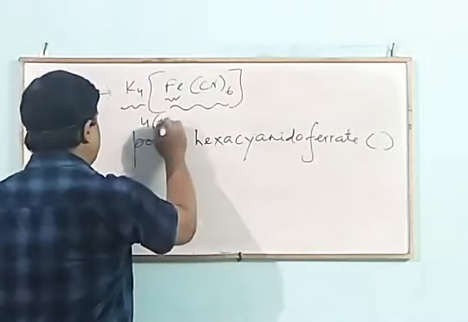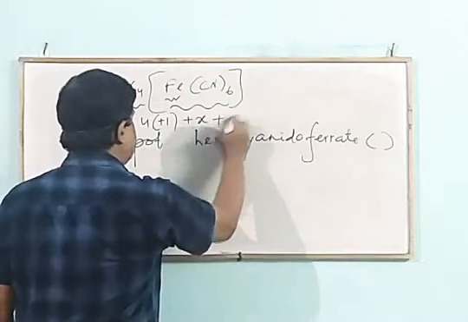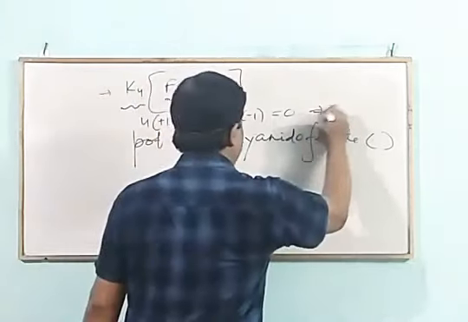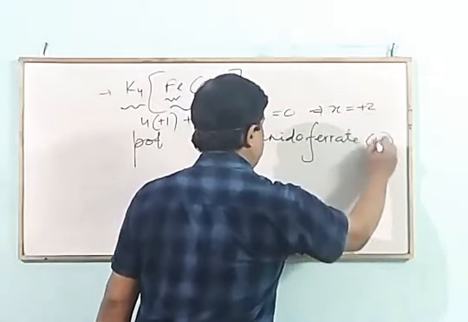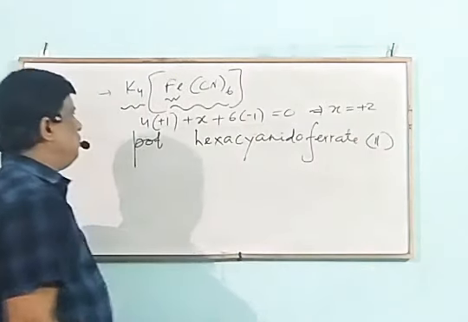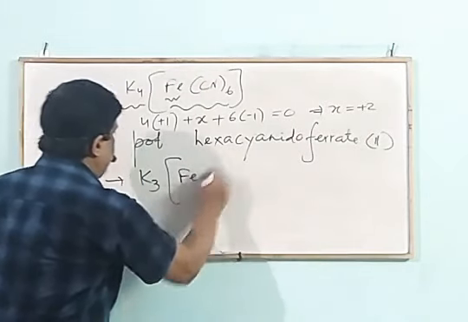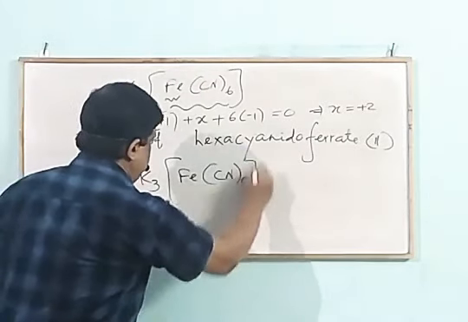It is 4 plus x, not known, 6 into minus 1 is equal to 0. That means on solving, x is equal to plus 2. Another example, K3[Fe(CN)6]. Mark that.